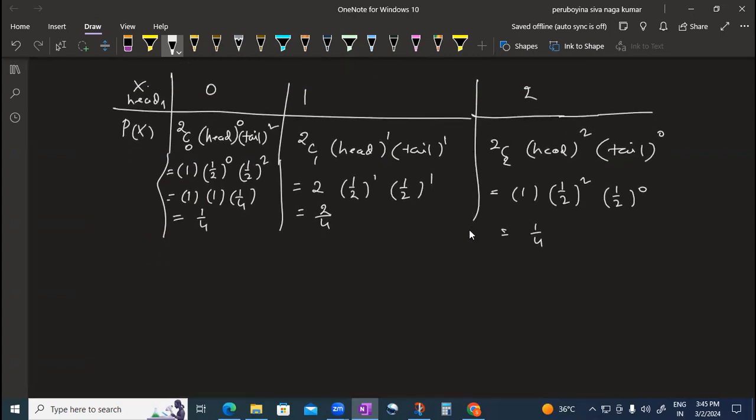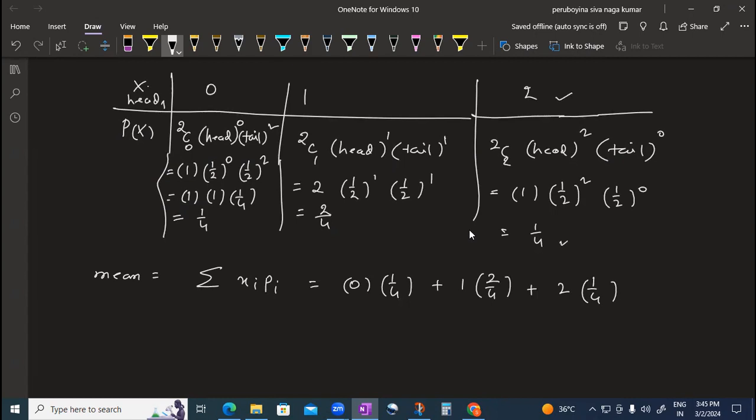Now we will calculate the mean. The mean formula is sigma xi pi. Sigma means sum. So 0 into 1 by 4, 1 into 2 by 4, plus 2 into 1 by 4.